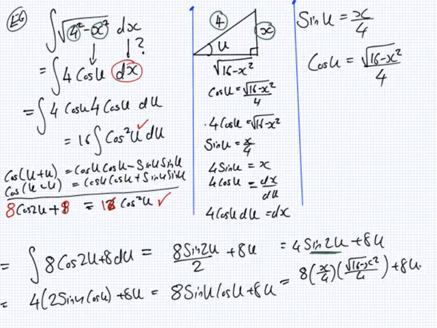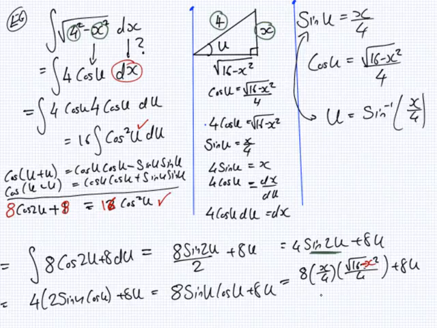So what's left to replace here in the last one? The 8u, yeah. So I think I'll get the u from this one. I could say u equals sine inverse x over 4. 4 times 4 is 16, 8 over 16 is a half.